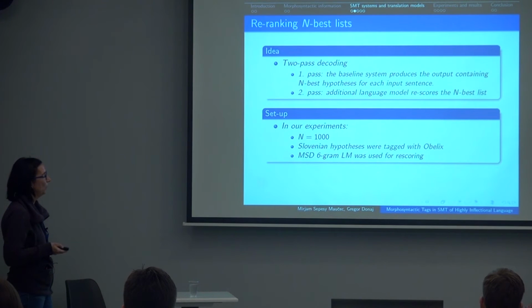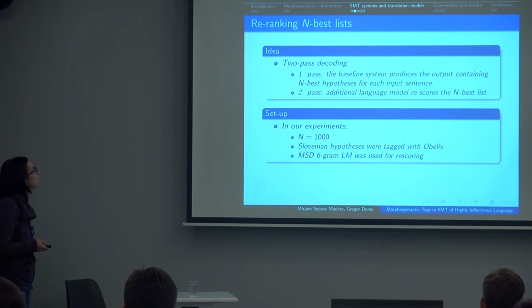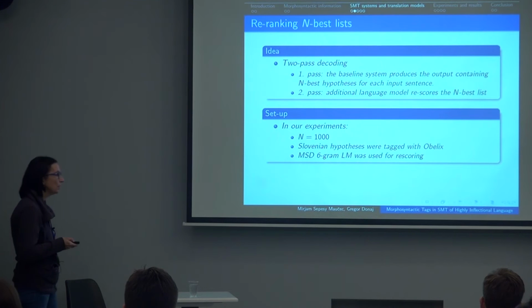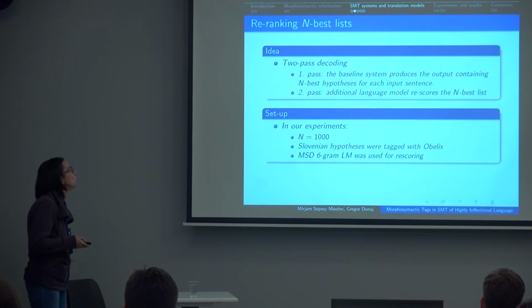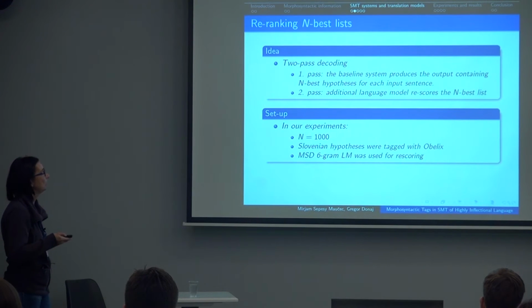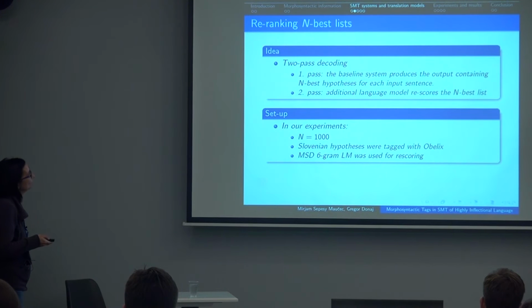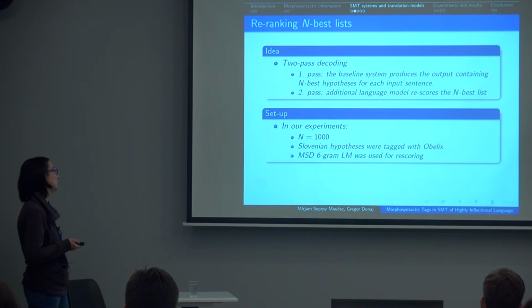So what were these three approaches to include morphosyntactic information? The first one was re-ranking the n-best list. This is a two-pass decoding, where in the first pass, the baseline system is used and produces the output containing n-best hypotheses for each input sentence. And then in the second pass, some additional knowledge source is used to rescore this n-best list.